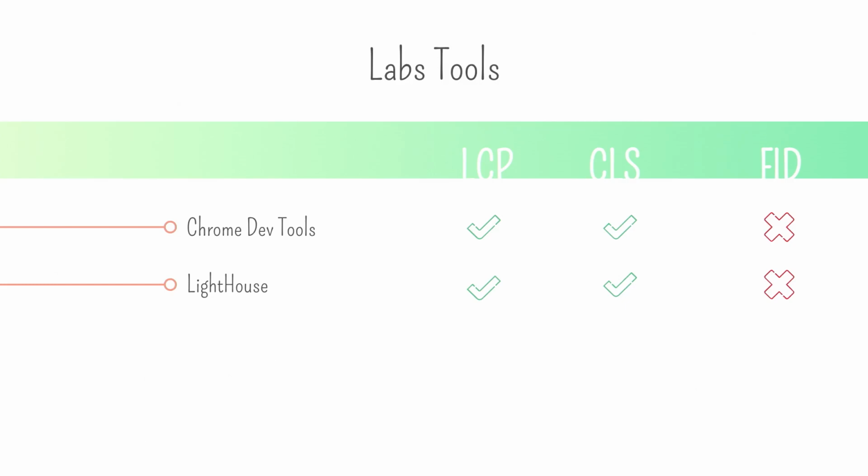Yeah, it's exactly this point. So to measure the FID, you must have an interaction with your page. The user must interact with your page to retrieve the FID. So without interaction with the page, you can't have the FID. To solve this issue, you can measure the blocking time, okay, and in some situations, blocking time can be assimilated to the first input delay metric.